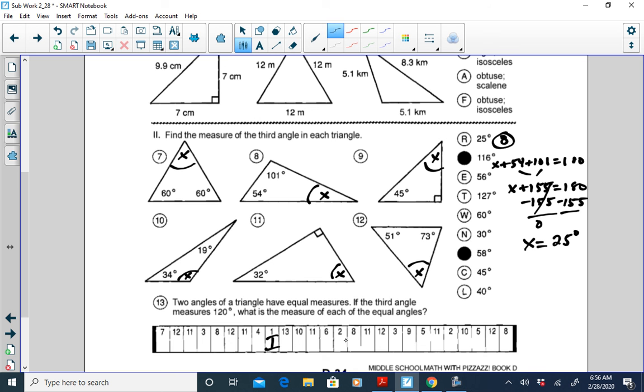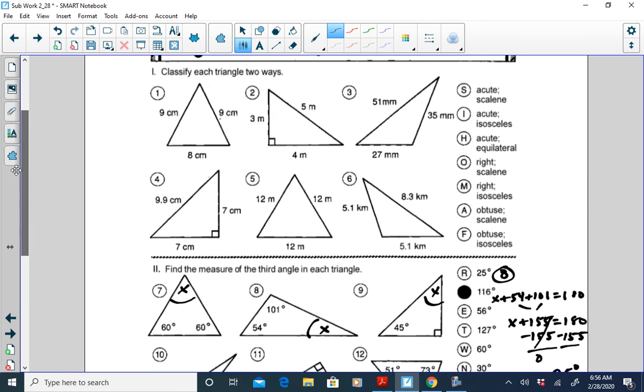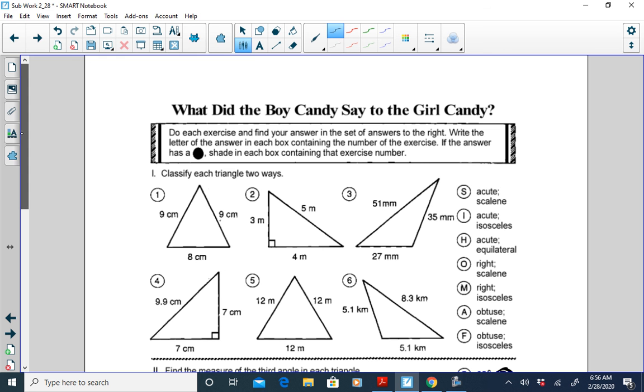So where I see 8, find the measure of the third angle. So 8, we're going to write what letter? I don't see a letter. Find the missing measure. So 8 is 25 degrees. All right. Let's see. And what we're supposed to do down there, write the letter of the answer in the box containing the number of the exercise.